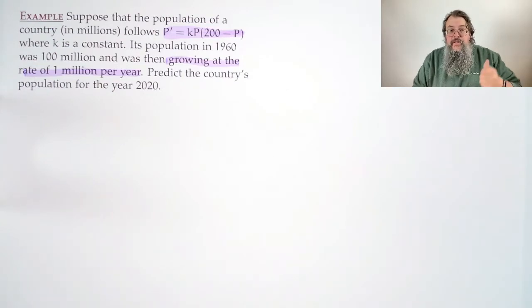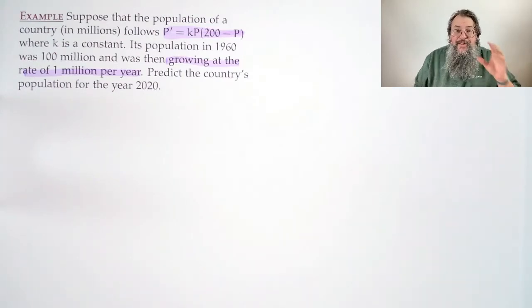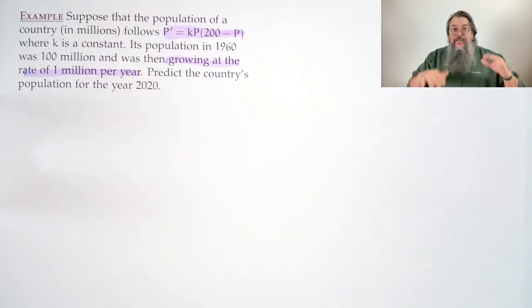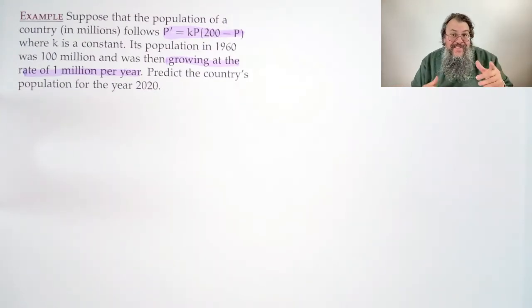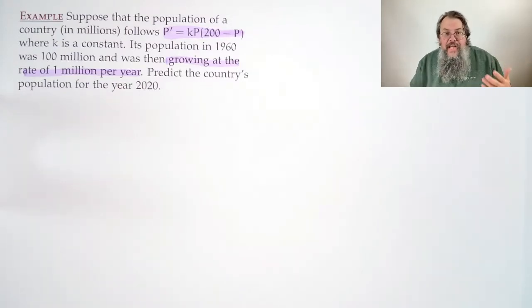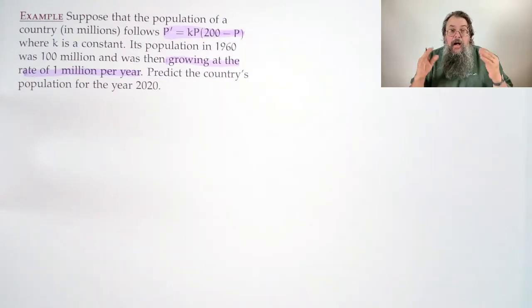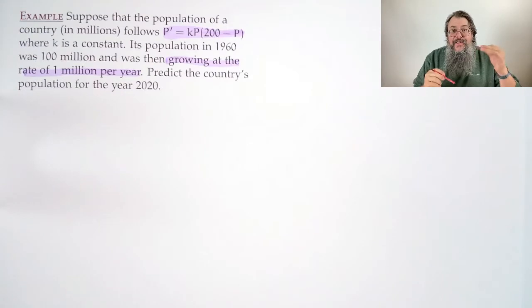Now, growing just means it was going up, but there's that word, rate. When we see the word rate, we should be like, ooh, that feels like a derivative-like word, because it is. Anytime we see things like rate or change, it means a derivative is involved. So we say, this is going to be easy to solve for our k.